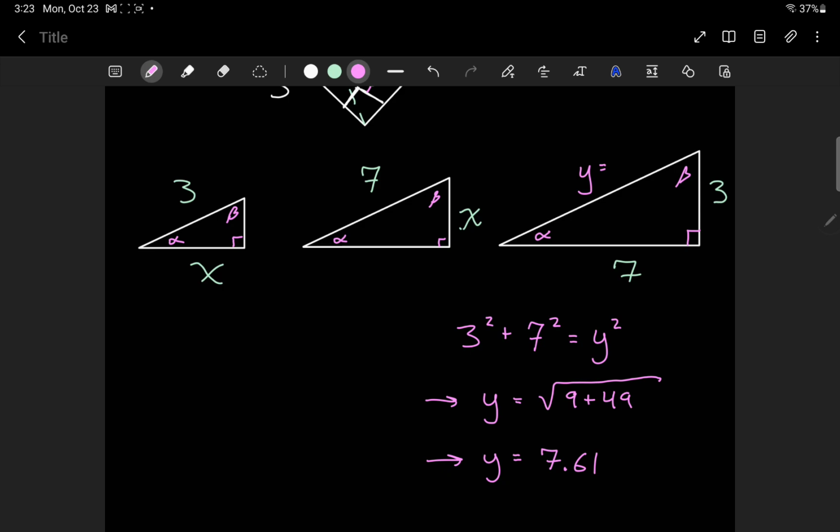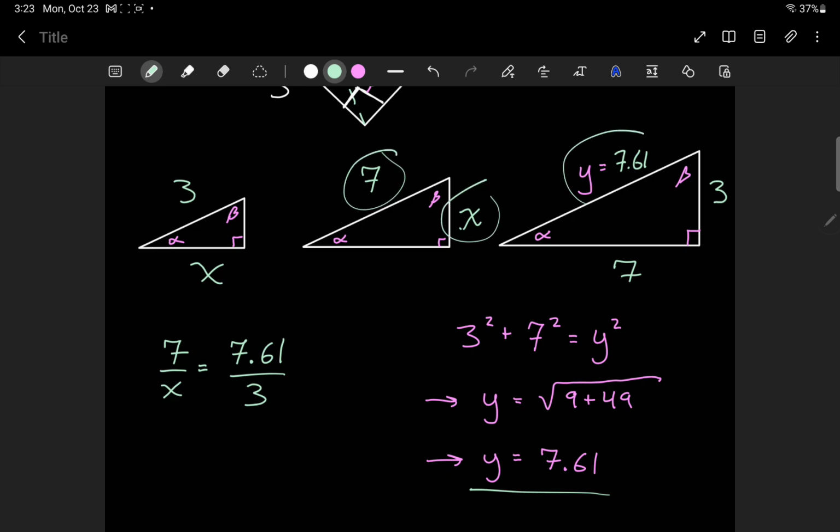Okay. So now we can use that information to set up a new equation here where we've got 7 over x is equal to 7.61 divided by 3. So that's using 7 over x is equal to 7.61 over 3. Okay.